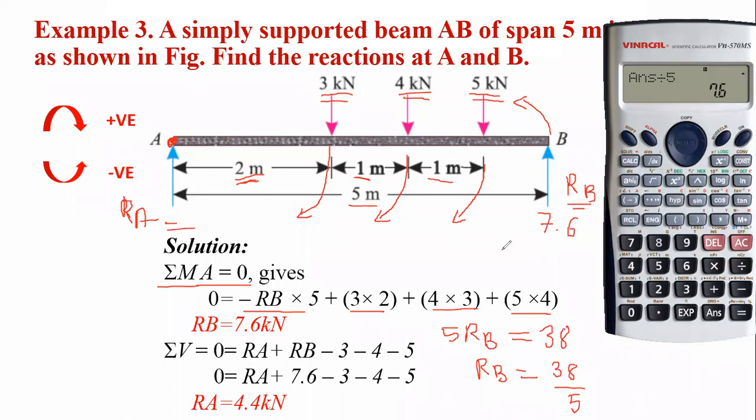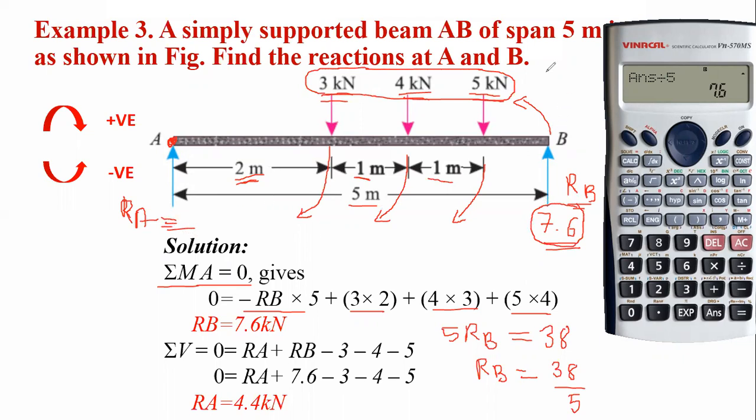Now, reaction Rb we have already found out, 7.6. It means that if we take the sum of the total action and subtract this reaction, automatically we will be getting the reaction Ra.